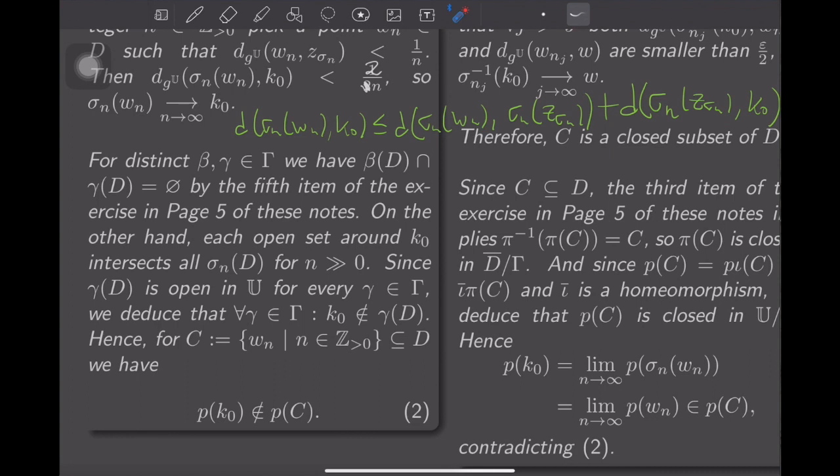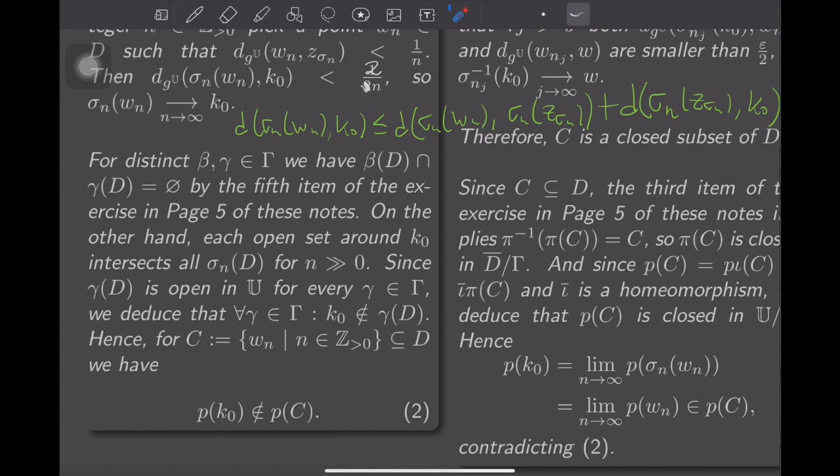Now I claim that because of that, for any gamma, k naught is not in gamma of D. And this is no contradiction, because I know that D is contained in some fundamental set, but I've never claimed that D is a fundamental set.